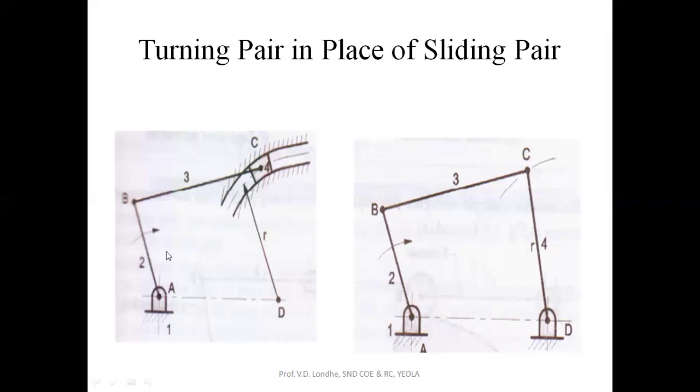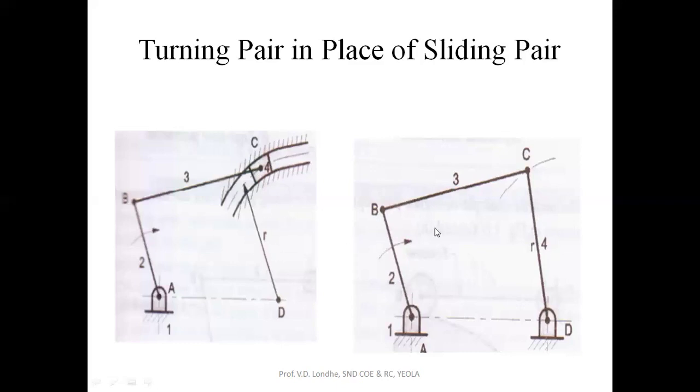So rotary motion is converted into oscillating motion. Now the same configuration with the sliding pair we are going to replace by a turning pair. Here, one is the same fixed link, two is the crank with rotary motion, and three is the coupler. Instead of the sliding pair, the slider, we have inserted link number four, whose length will be equal to this radius.